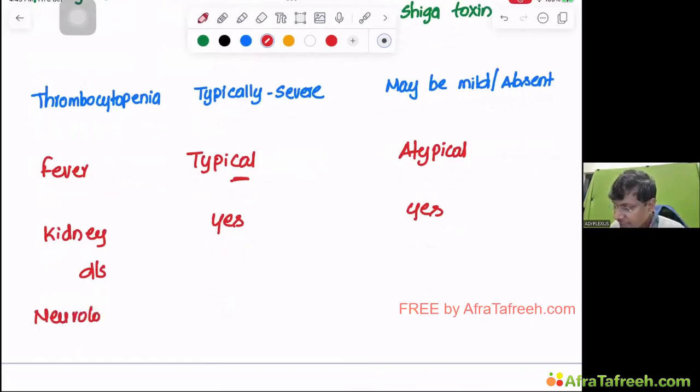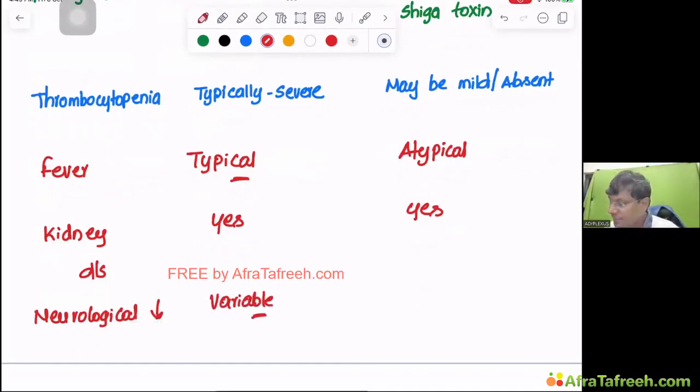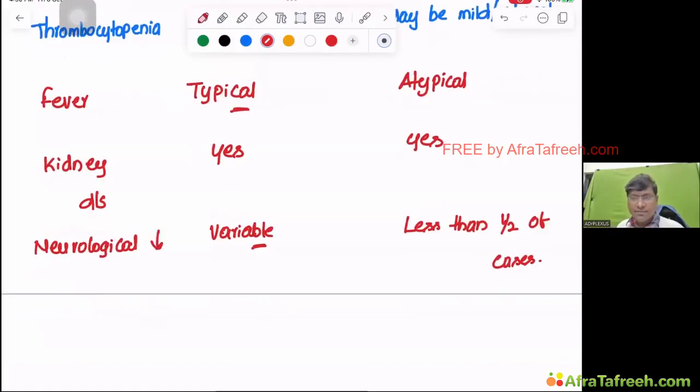It is very classical in thrombotic thrombocytopenic purpura, with variable forms of neurological impairment. And in Shiga toxin mediated hemolytic uremic syndrome, it is seen in less than half of the cases.